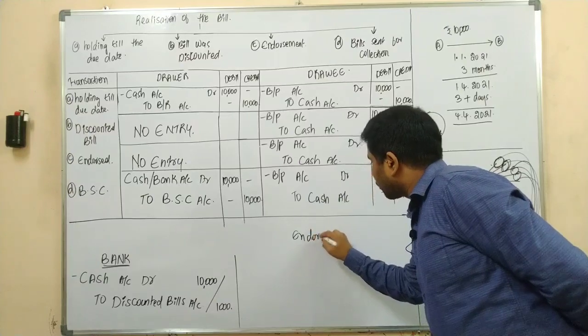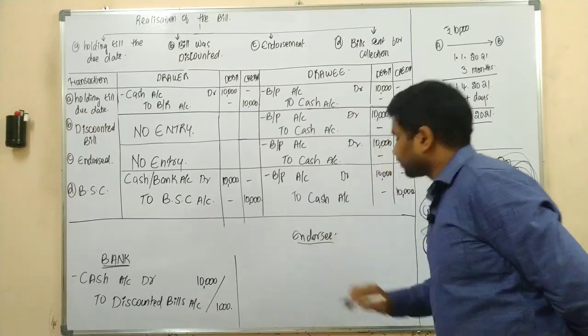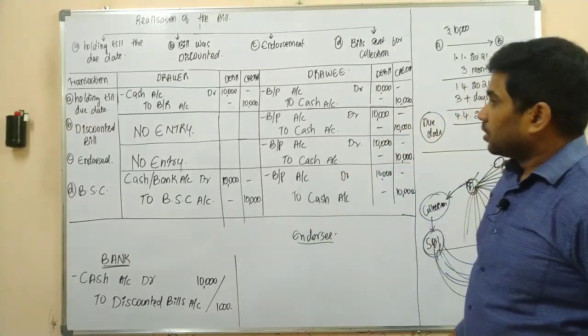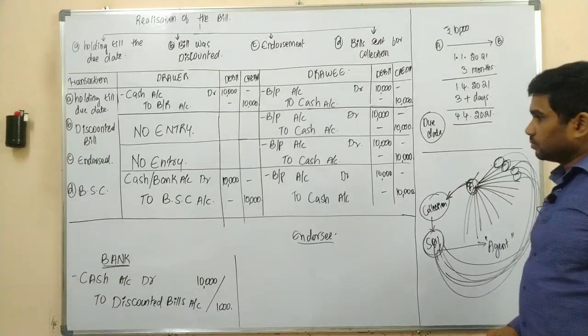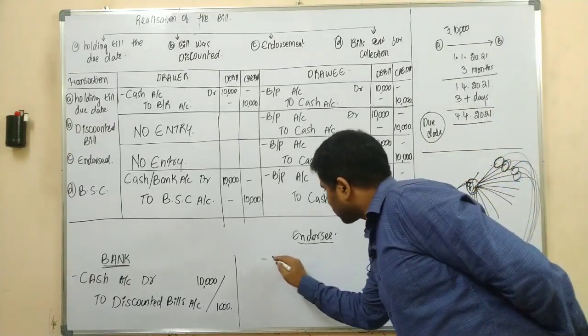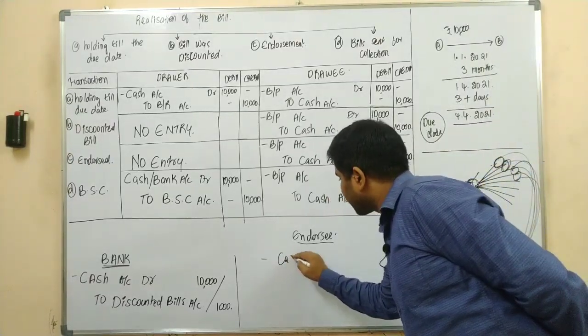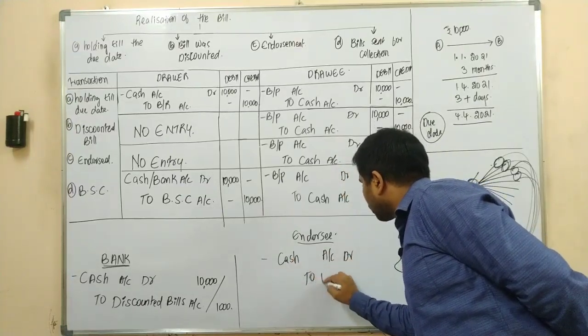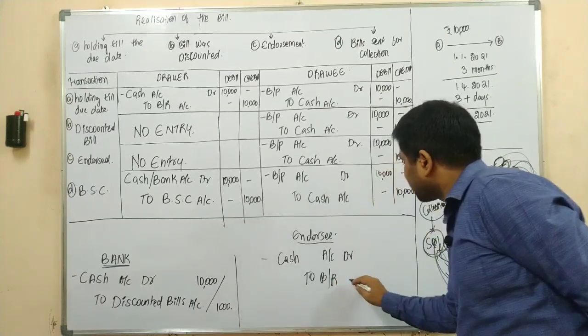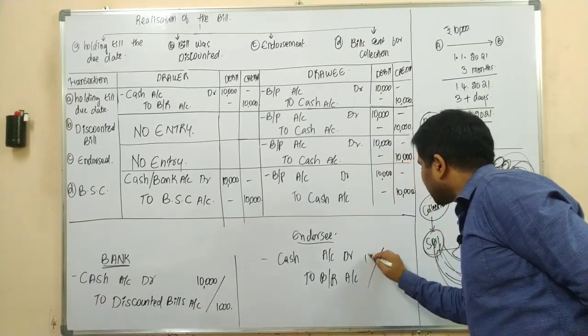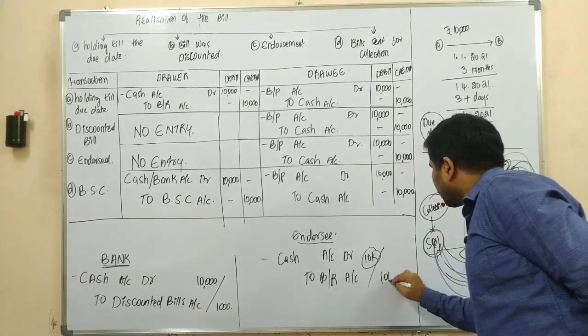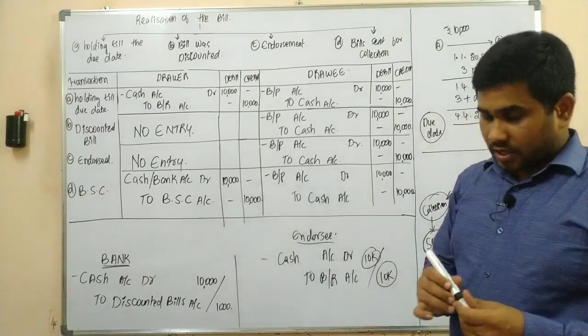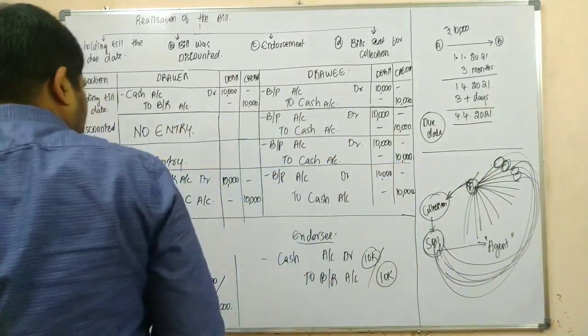Now, in the books of endorsee, we forgot. In the books of endorsee, as endorsee would be receiving the money, the journal entry would be cash account debit to bills receivable, which would be no more an asset. So the journal entry would be cash account debit to bills receivable.